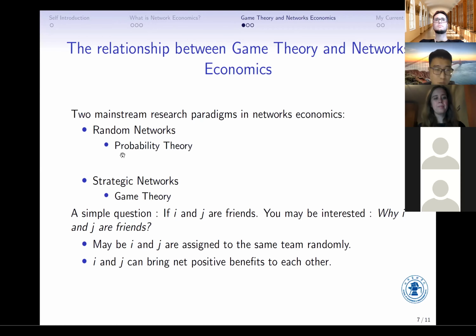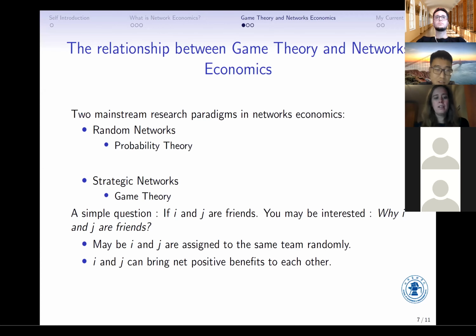And the second, I think, is strategic networks. The main tool we use is game theory. See a simple question: if I and J are friends, we may be interested in why I and J are friends. There are two explanations. The first is that maybe I and J are assigned to the same team randomly, or they are assigned to the same dormitory randomly, so they become friends.